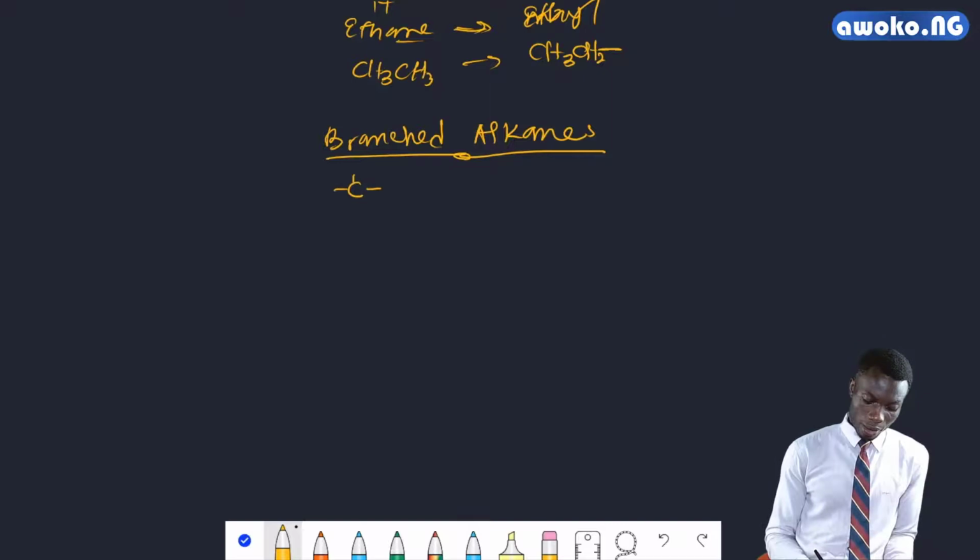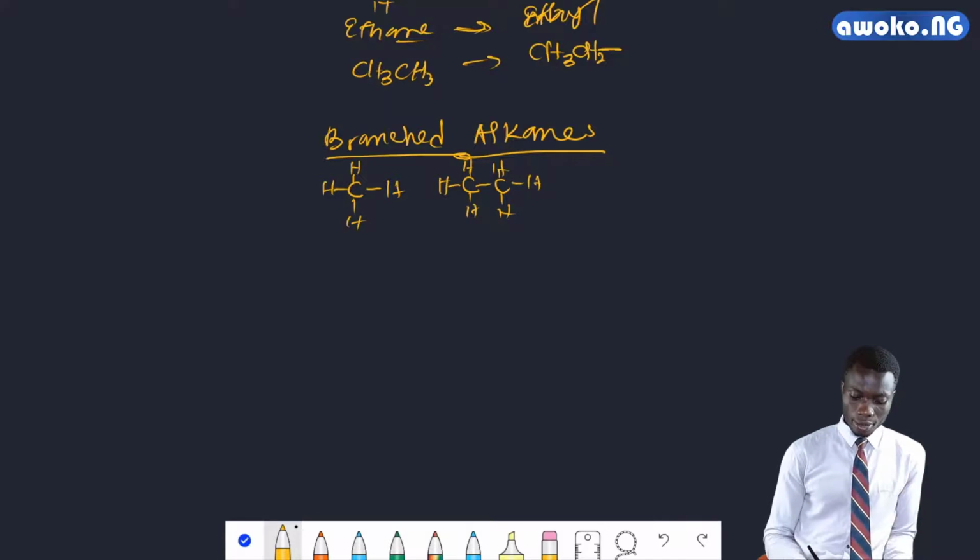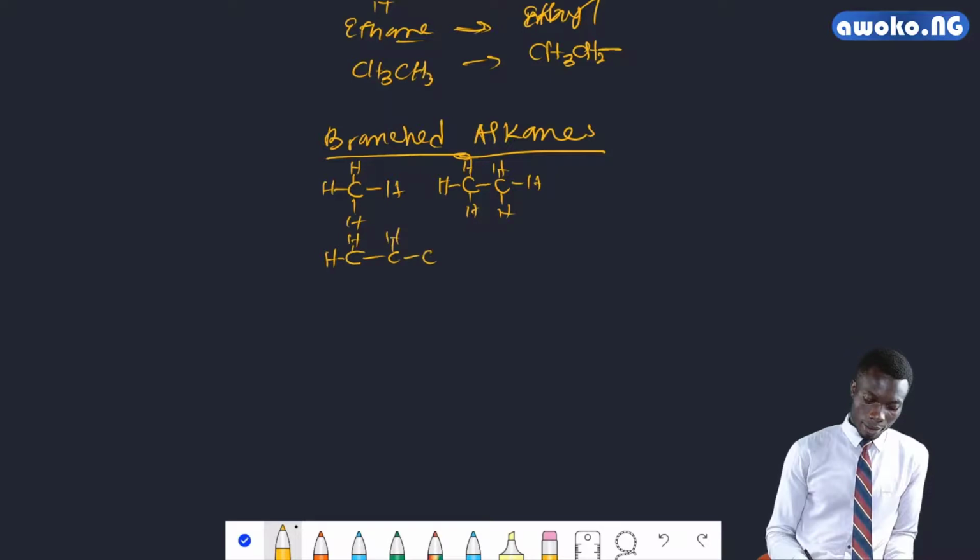This is methane, the first member, this is ethane, the second member, and this is propane.